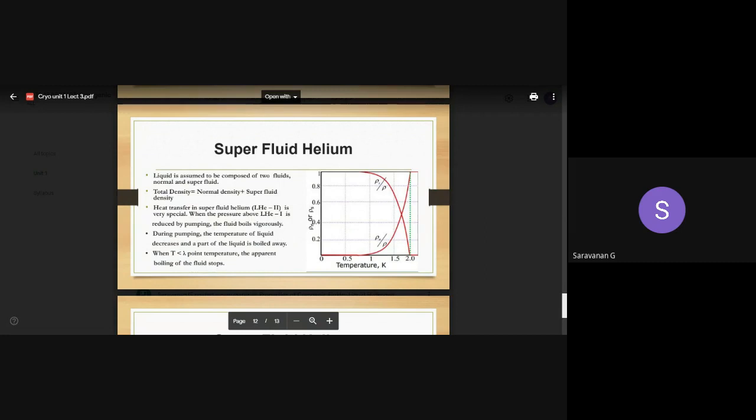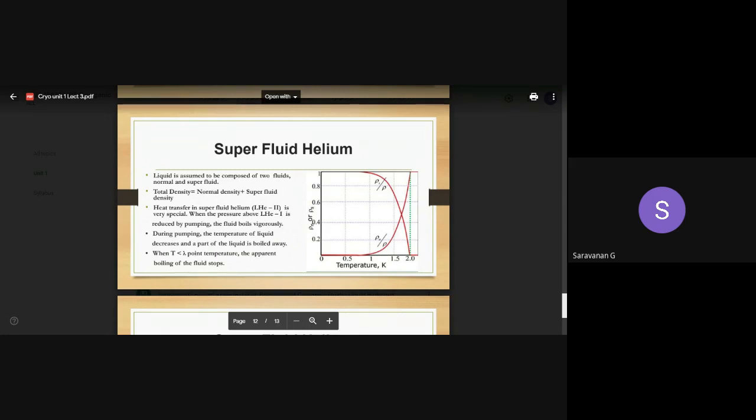Everything together discusses the properties of the two different fluids, helium 1 and helium 2, normal fluid and superfluid, normal density and superfluid density, with temperature below and above 2.17 Kelvin. All these together are termed liquid helium, which can be used in various applications of cryogenic systems.